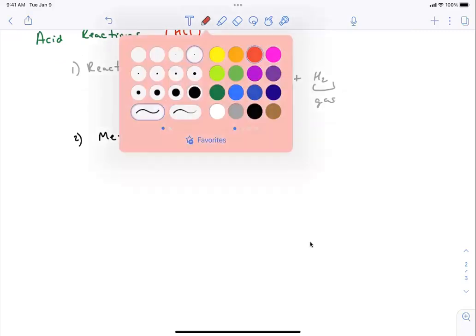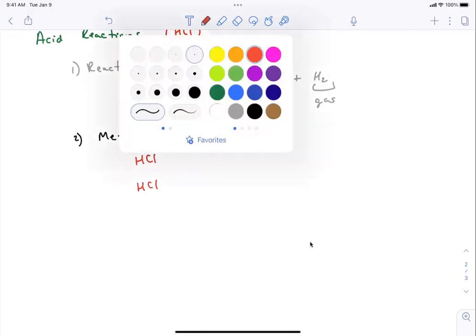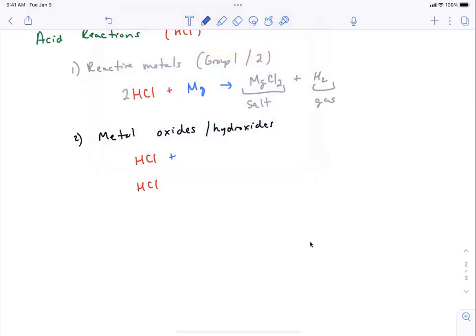So you might have HCl reacting with a metal oxide like Na2O, and you end up getting kind of a double displacement reaction of NaCl plus H2O. And you have to balance this as well.